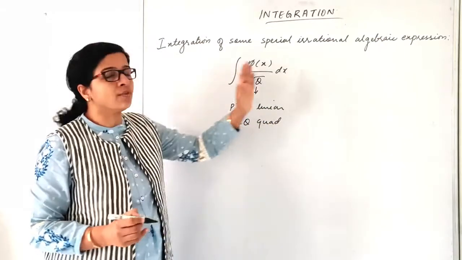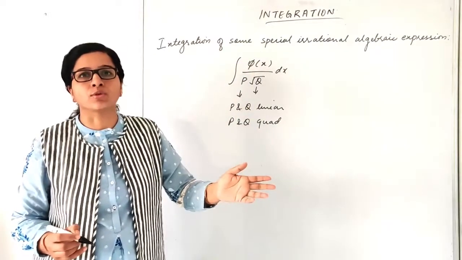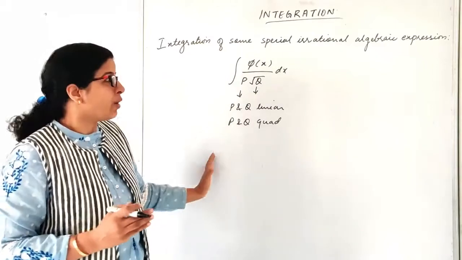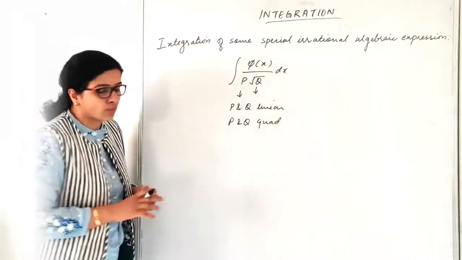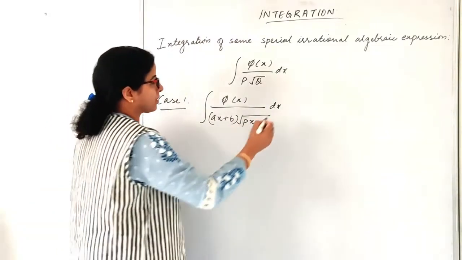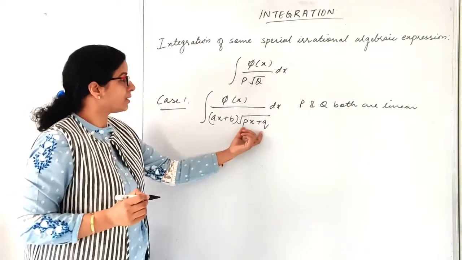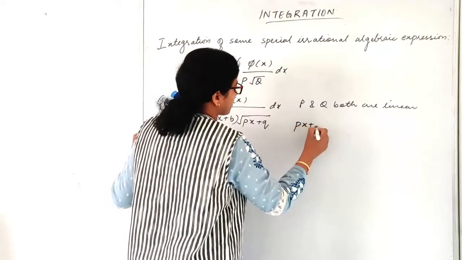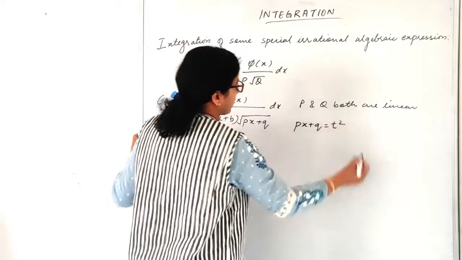One can be linear and one can be quadratic, that can also be the case. So in that case, what we will assume, now I will tell you. Case 1: p and q both are linear. In that case we take px plus q as t square.